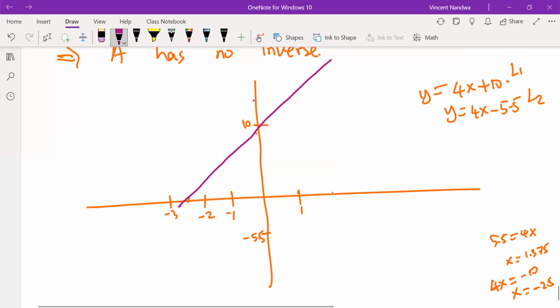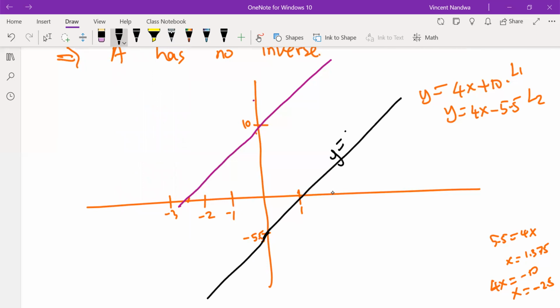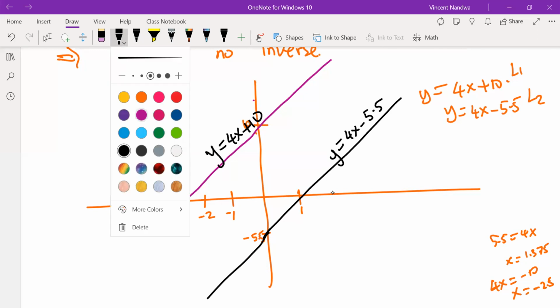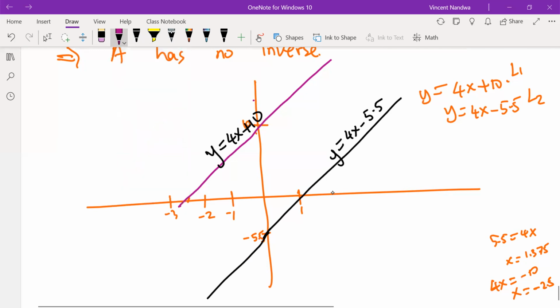And we have this other line. So this is the line y equals 4x minus 5.5. And this is the line y equals 4x plus 10. So these two are parallel, these lines are parallel. So there is no solution.